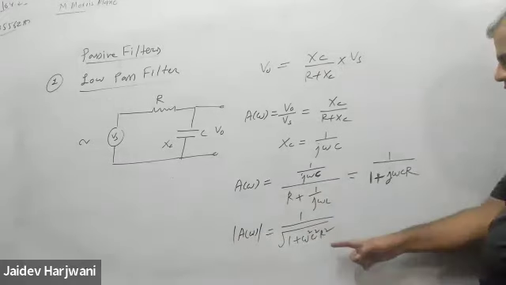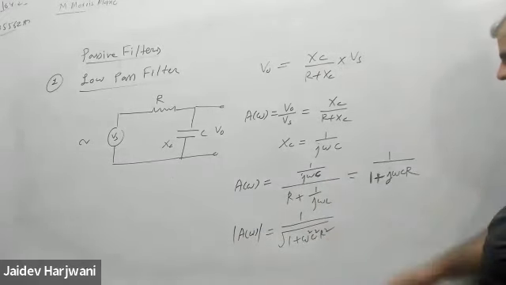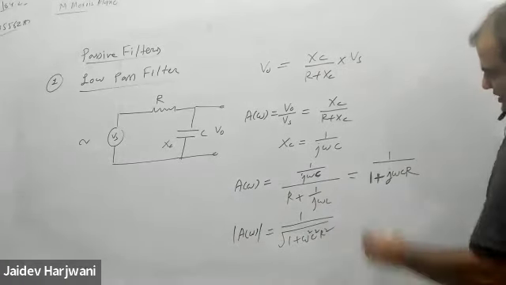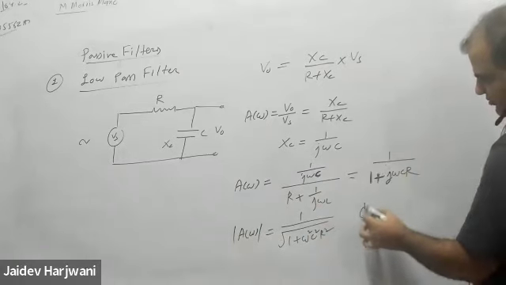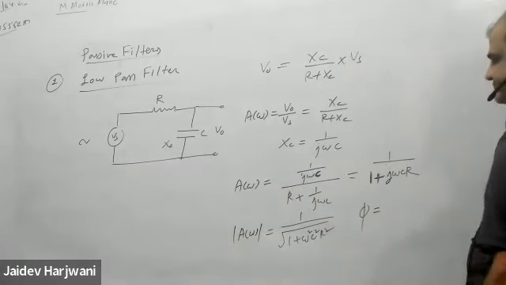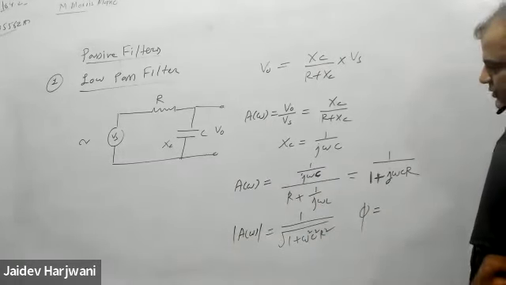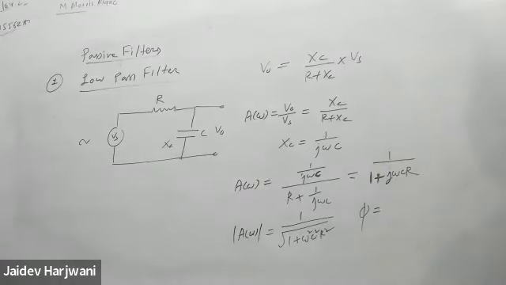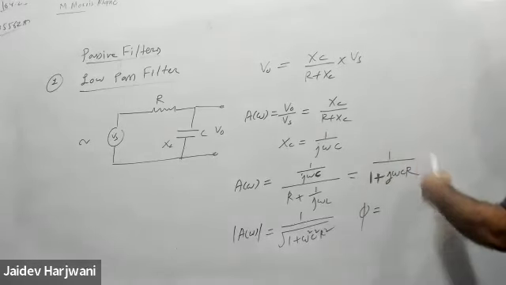Is it okay for you? Can I write like this? Yes, sir. Okay. And what is the phase of this number? Because it is a complex number, you write magnitude with phase in phasor form.